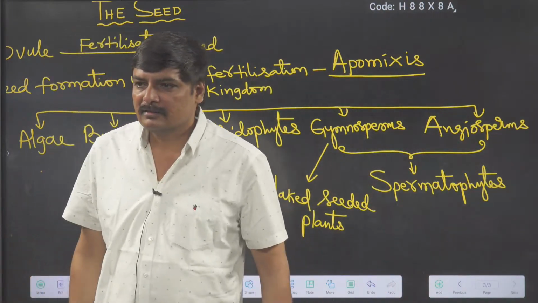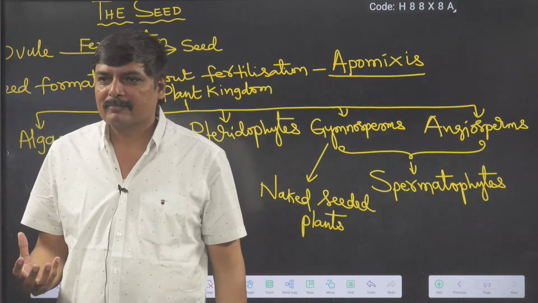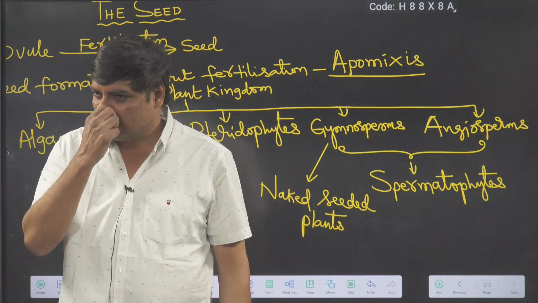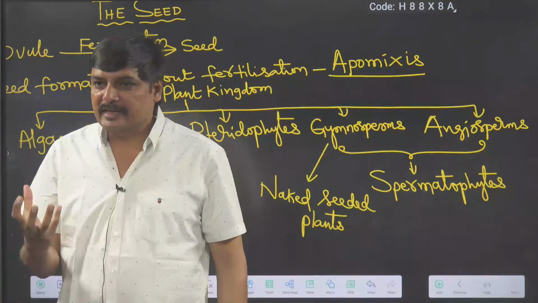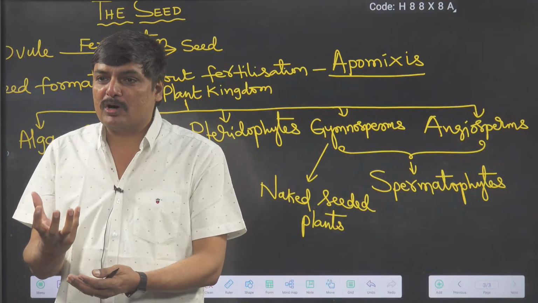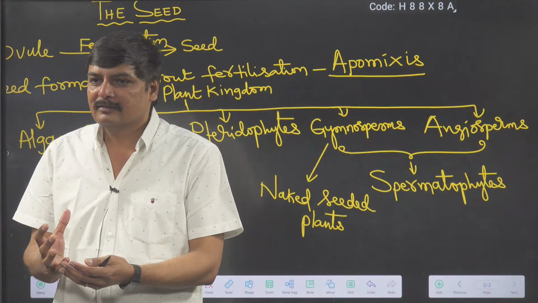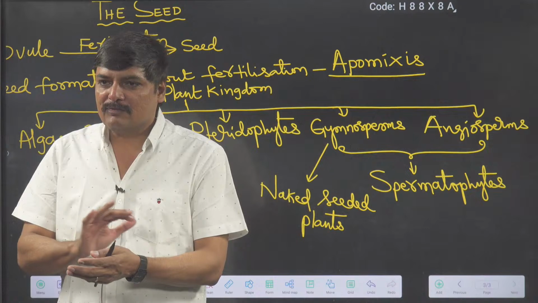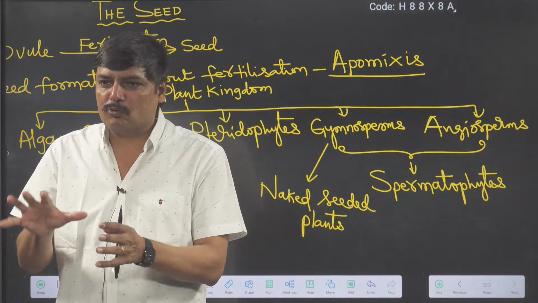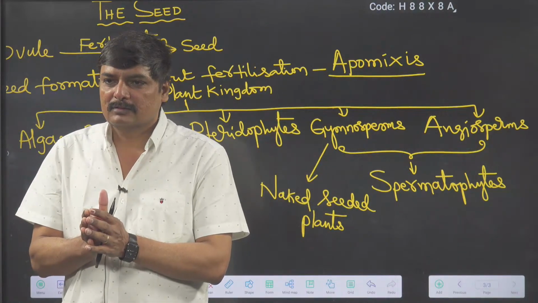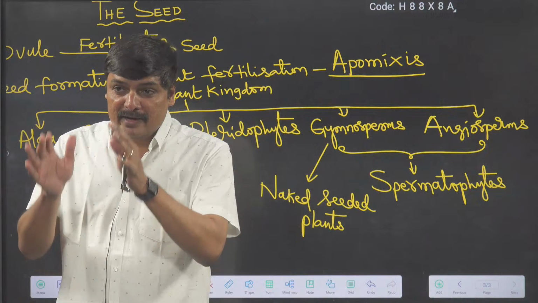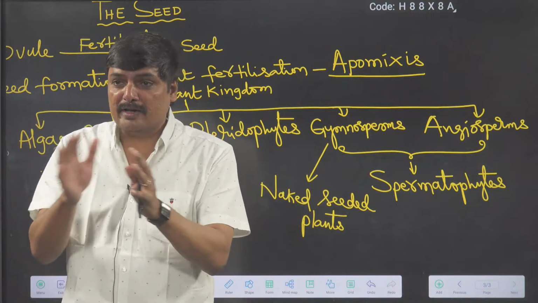Understand? Students, are you following? The seeds are exposed to outside because of lack of ovary wall or fruit wall. That is the major difference between gymno and angio.